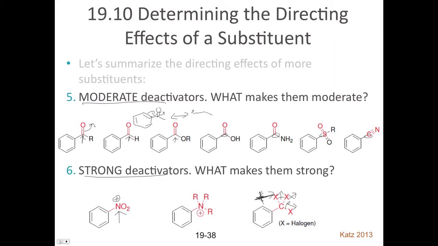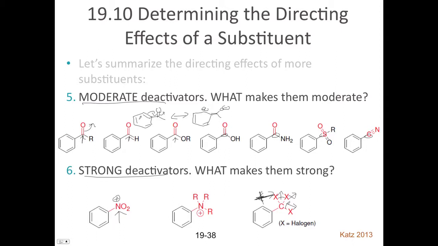So again, this is deactivation not by electronegativity, so not by induction. This is going to be deactivation by resonance. All right. O minus. So you have plus charge here and a minus charge. Sorry, it's really terrible, but you know what I'm saying, right?